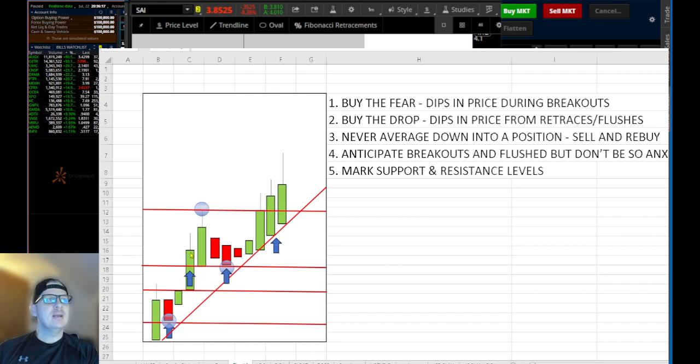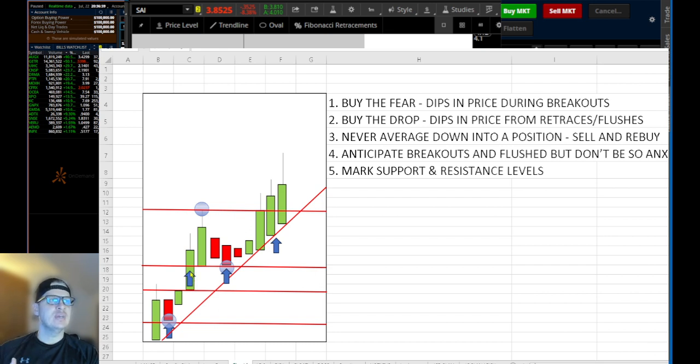Within this 1 minute time frame, you're going to have dips in this price action, and a lot of times these dips might even come back to the support level. These are areas that you're going to want to jump in and buy, these retraces or dips in price action during these breakouts, right?